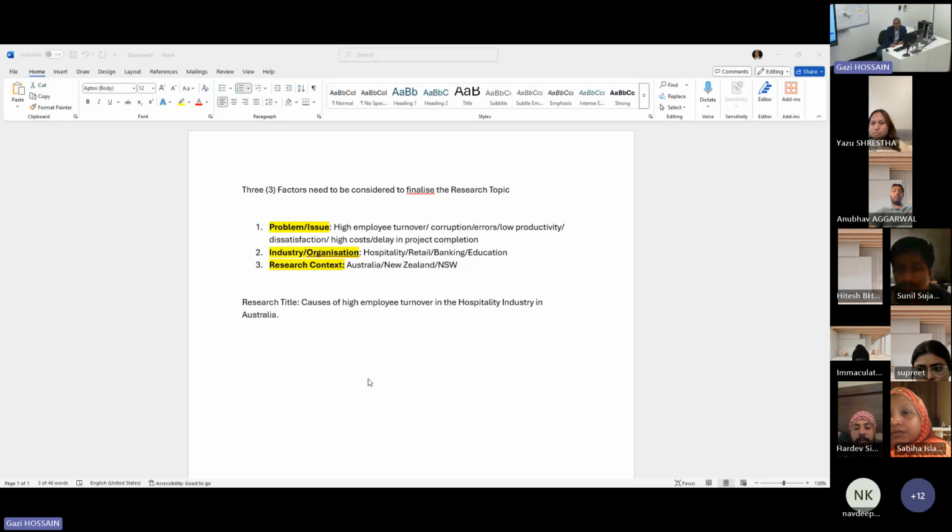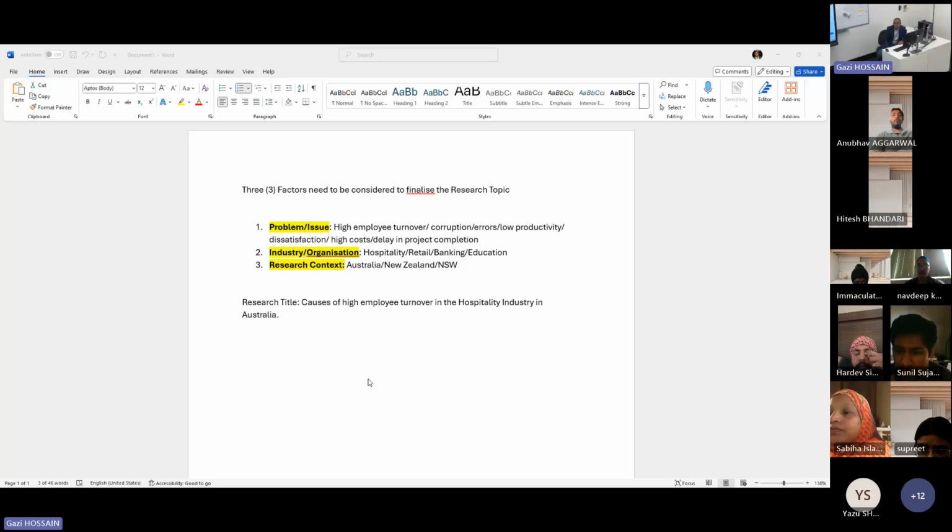Then most of them said non-financial factors such as training. They want more training so that they can get more knowledge on the job. They also want job promotion. They do not want to just increase their salary. So this is one of their top factors.